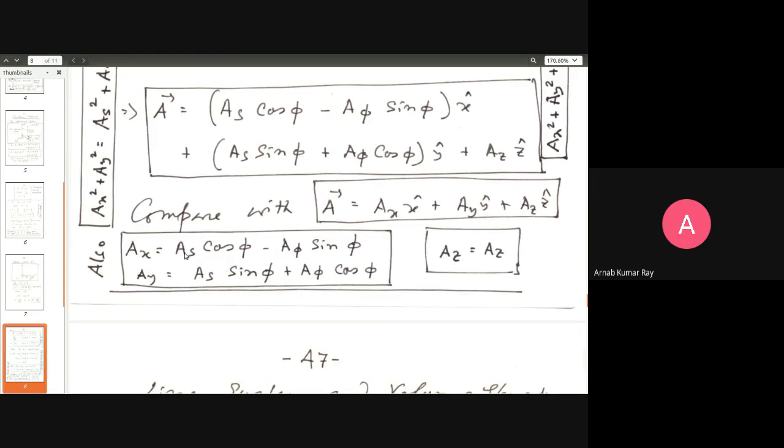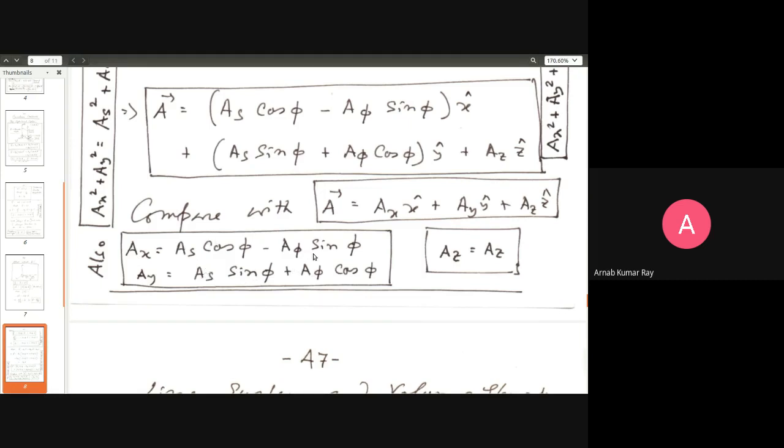When you square this thing, what will you get? A squared cos squared phi plus a phi squared sin squared phi minus 2 a phi as cos phi sin phi. Similarly, when you have this thing, it will be a squared sin squared phi plus a phi squared cos squared phi plus 2 a phi as sin phi cos phi. So a squared cos squared phi plus a squared sin squared phi will give you a squared.